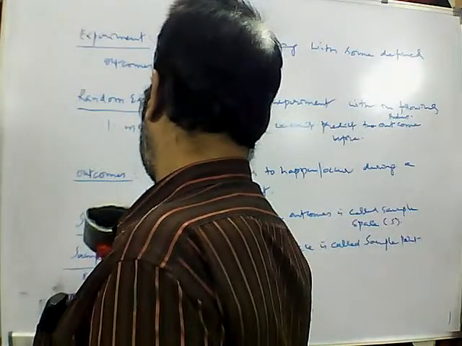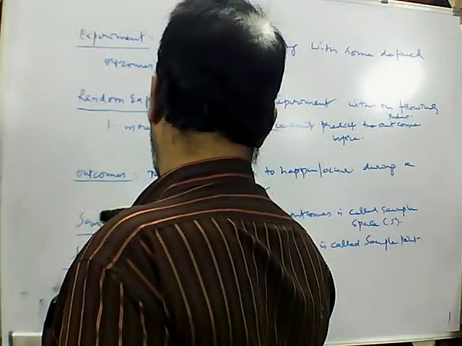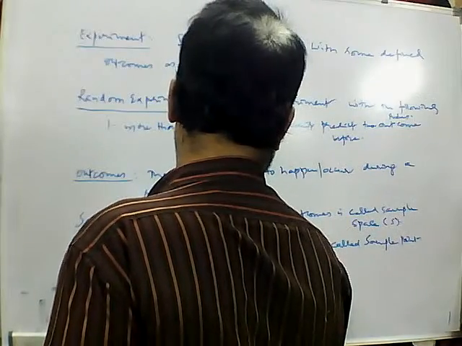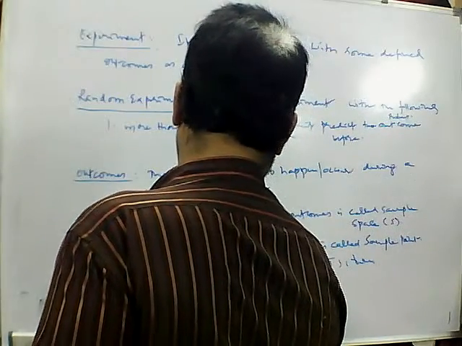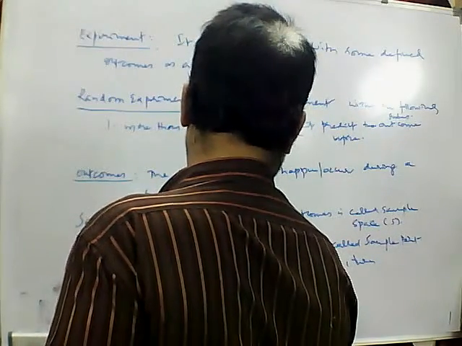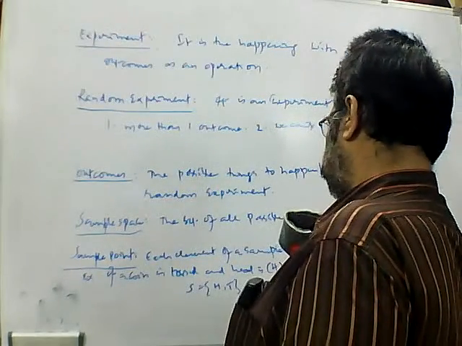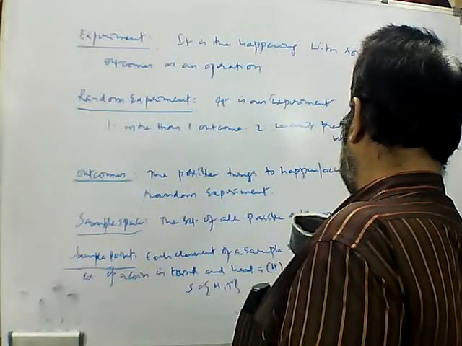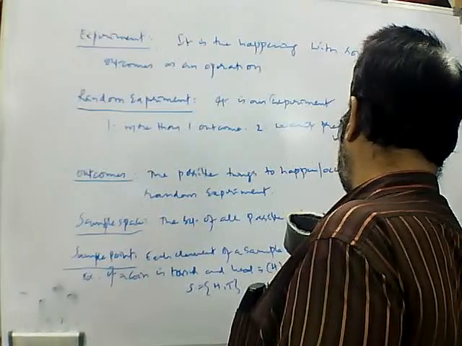Example, if a coin is tossed, and head is H, tail is T, then S is equal to {H, T}, right? H is one sample point and tail is one sample point.